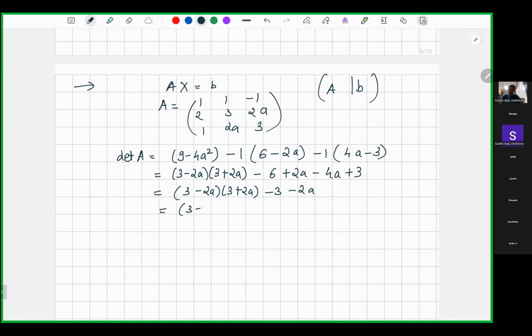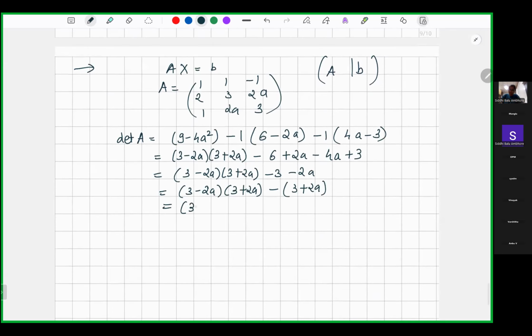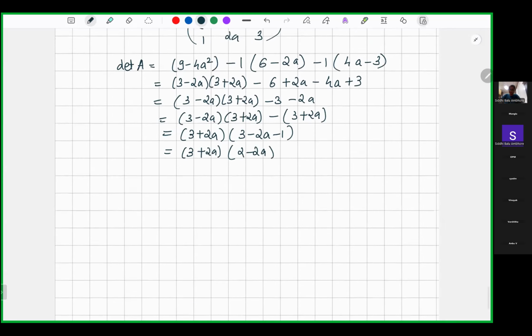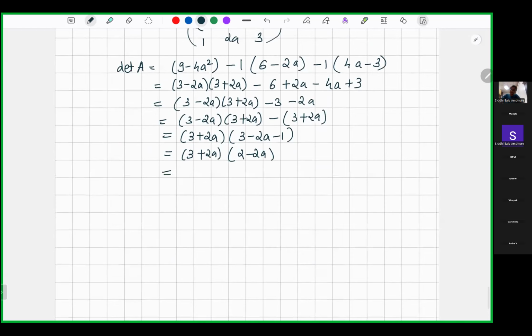So this is minus 3 minus 2a, 3 plus 2a, minus 3 plus 2a. And now I get this 3 plus 2a into 3 minus 2a minus 1. And this is 3 plus 2a and 3, so 2 minus 2a. So if I take minus common, this is 2a minus 3 and 2a minus 2.